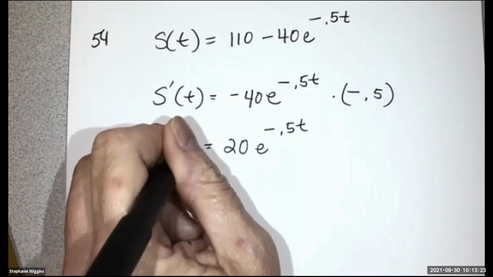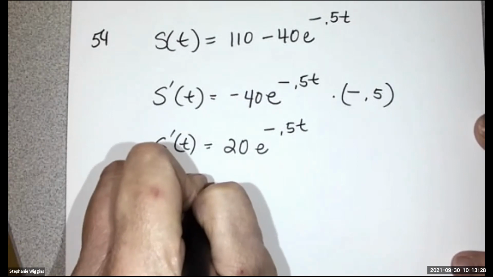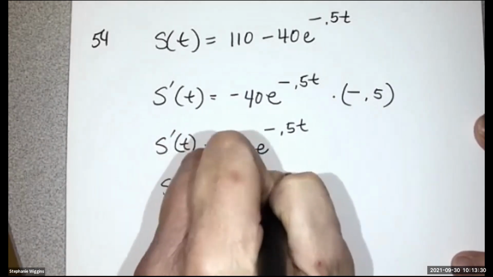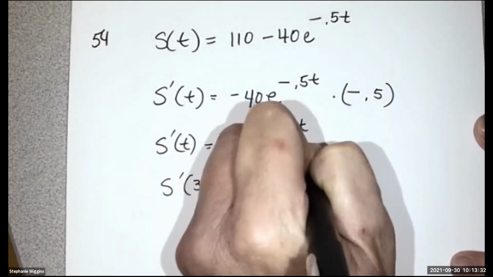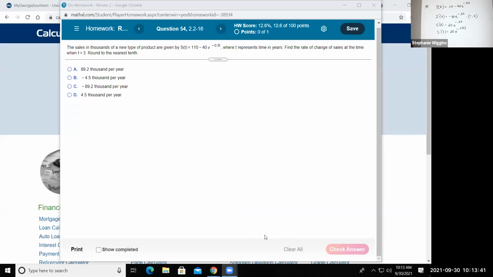And then they want you to find that rate of change when t equals 3. So I just plug in 3, and I'm going to use my calculator to calculate this. Let's see, there we go.